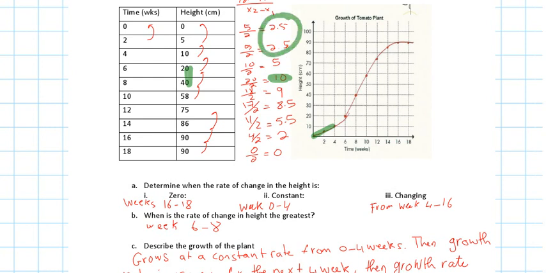Now, and then it starts increasing, right? So it's increasing. So now it's kind of more exponential, if you want, graph. And then it plateaus after, at rate 0, we have a plateau.